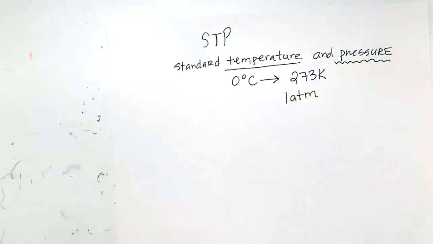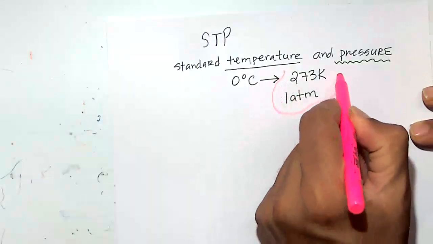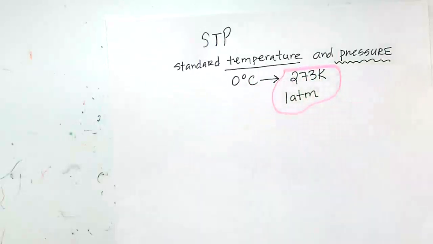So these are the two things with regards to STP. That's all, that's it. So STP is 273 Kelvin, 1 atmosphere pressure. Okay, that's all you need to know. Now, I'm going to give you a situation here.